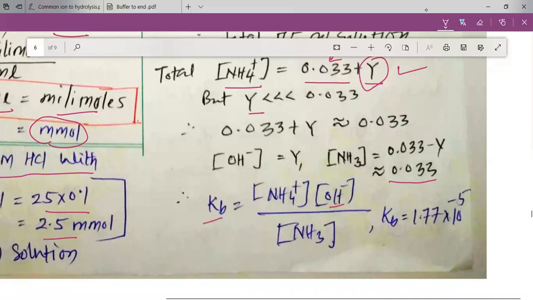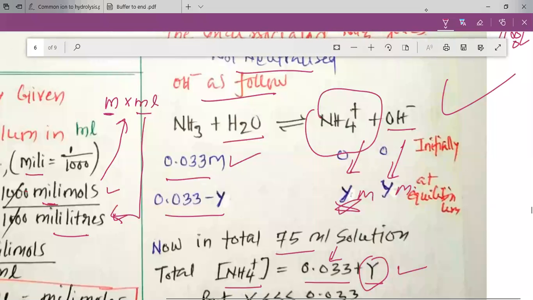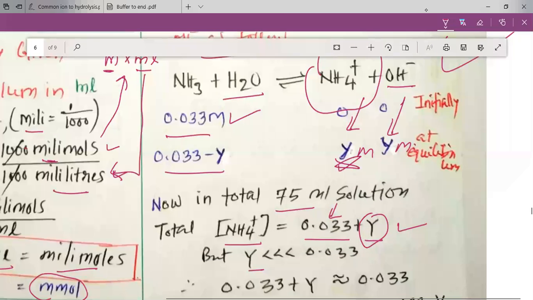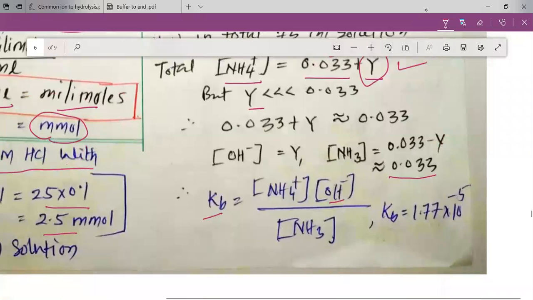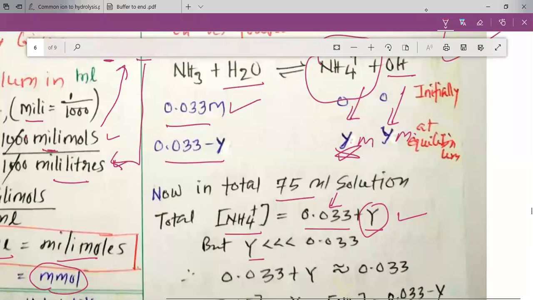From this equation the concentration of OH minus is Y, the concentration of NH4 plus is 0.033, and the concentration of NH3 is 0.033 minus Y, which we approximately take as 0.033 because the value of Y is quite smaller than 0.033.